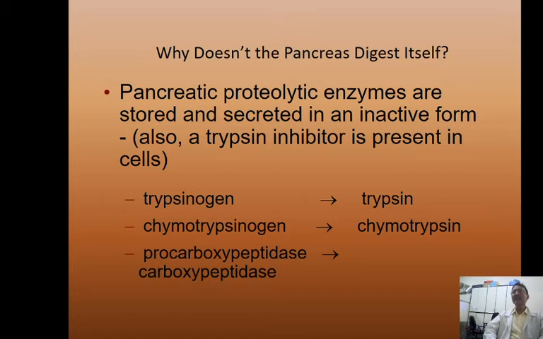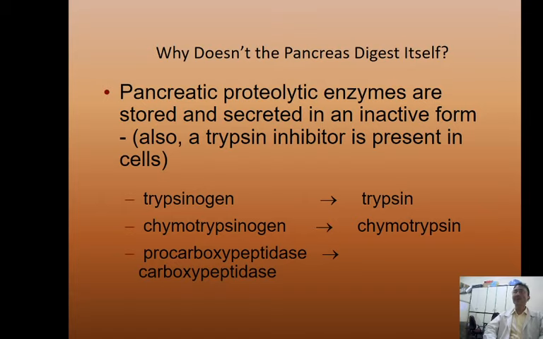They are stored in the zymogen granules in the inactive form. They get converted into the active form only once they are in the duodenal lumen. As long as they are in the pancreatic gland itself, stored in the zymogen granules or passing through the ductal cells, they are all in the inactive form. In addition to this, there is also a substance present known as a trypsin inhibitor. This trypsin inhibitor sees to it that these enzymes do not get activated.